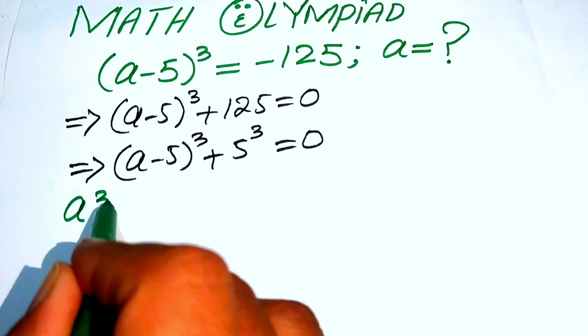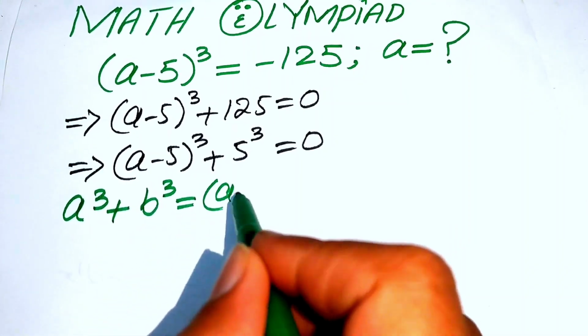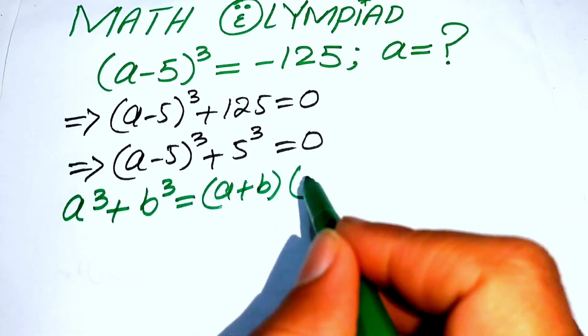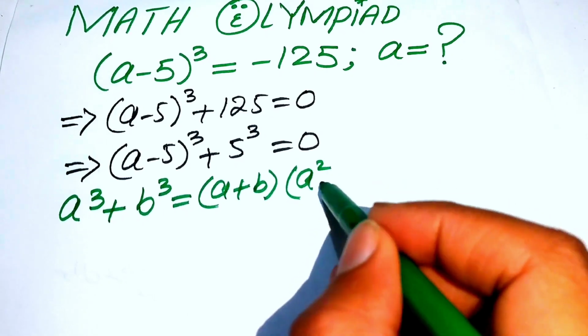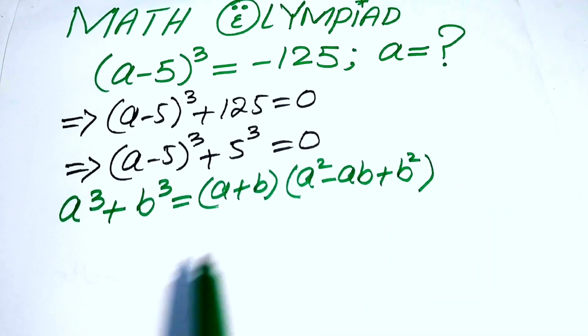If we have a^3 + b^3, it equals (a + b)(a^2 - ab + b^2).